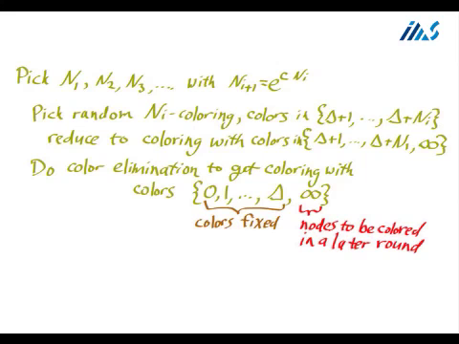And if we pick an n sub i coloring, we can reduce it down to an n sub 1 coloring, where the colors are delta plus 1 up to delta plus n sub 1. And in the event of a clash, when you take this minimum, that's the minimum of an empty set, and so that's represented by the symbol infinity.